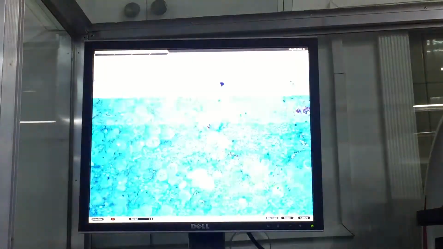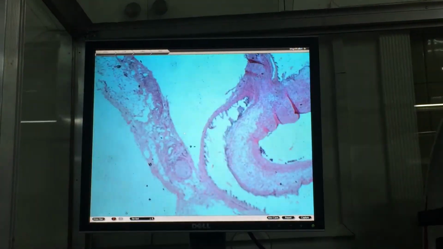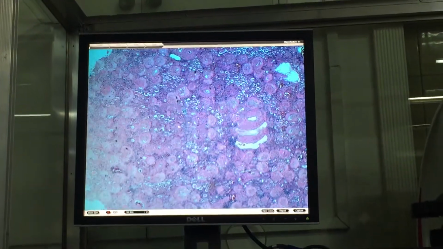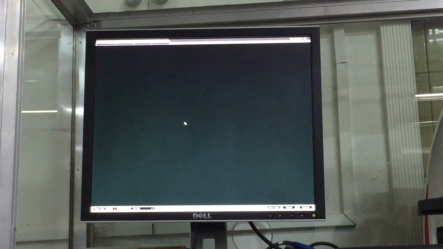And okay, so let's go at higher magnification.